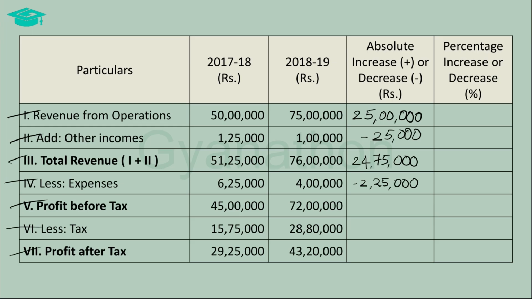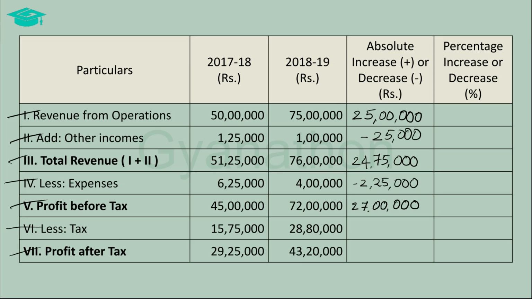The absolute change in the profit before tax is 72 lakhs minus 45 lakhs, that is 27 lakhs rupees. This means that the profits before taxes for the second year have increased on account of an increase in the revenue from operations, a decrease in the other incomes, and a decrease in the expenses.